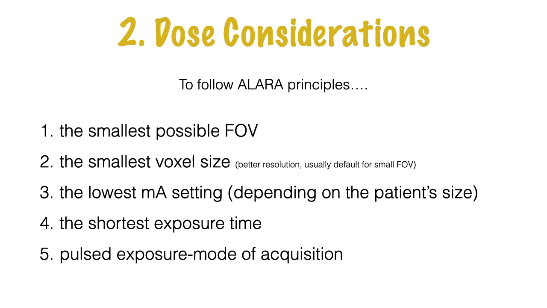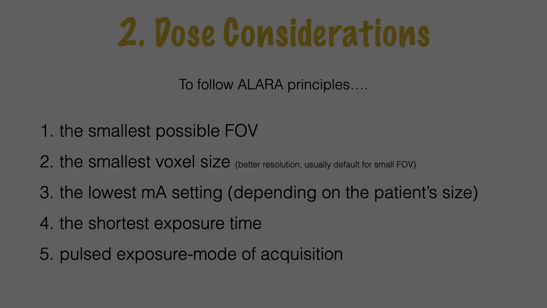And the machines can have a pulse or a continuous exposure mode of acquisition of the image, and the pulse one will expose the patient to less radiation. These are things that you have to understand and know if you're planning on buying a CBCT machine.